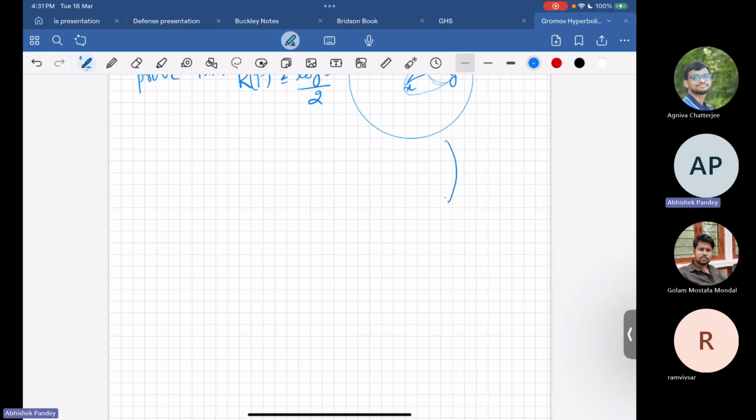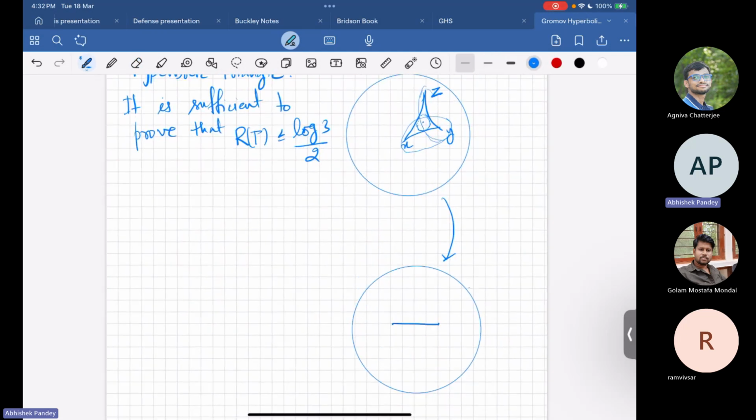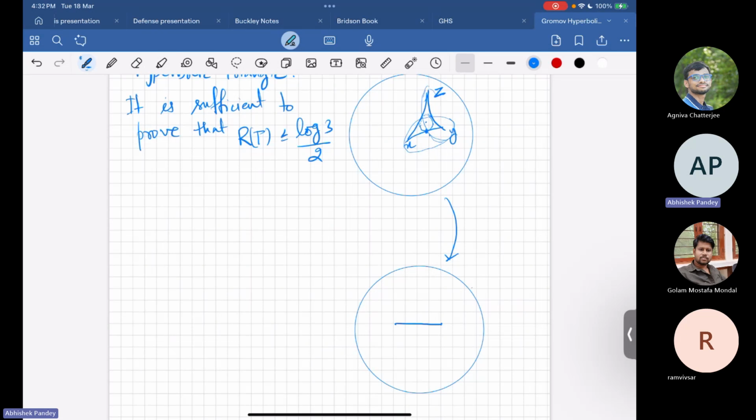Because of the automorphism group, we can basically transform this to x, y on the real axis. Let us say this is a and b. Basically, we have to take any point u and map this u under this transformation to the point origin 0.